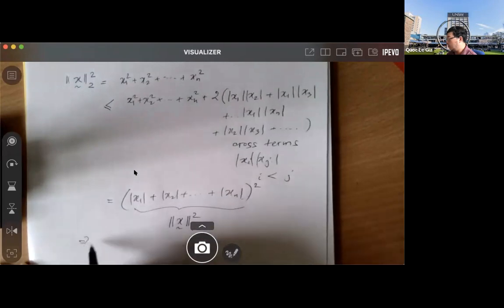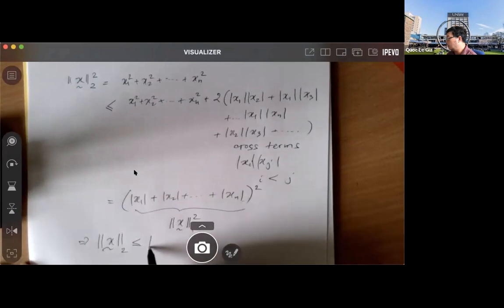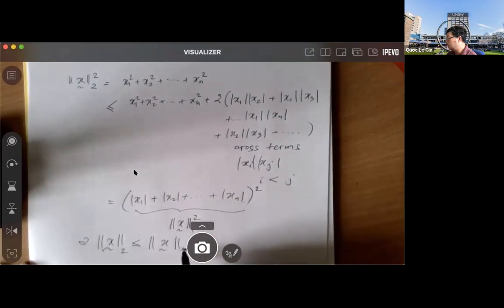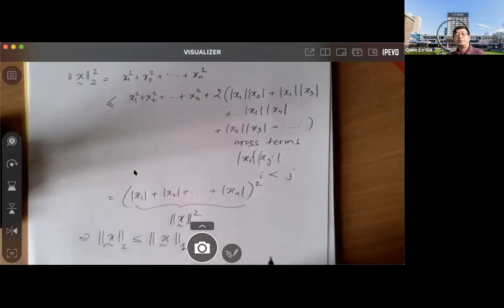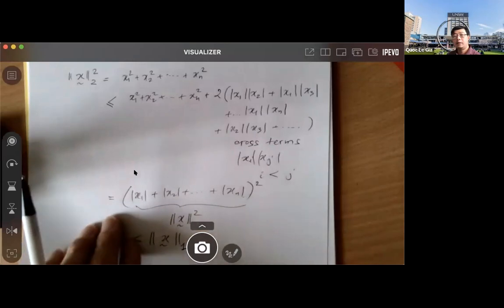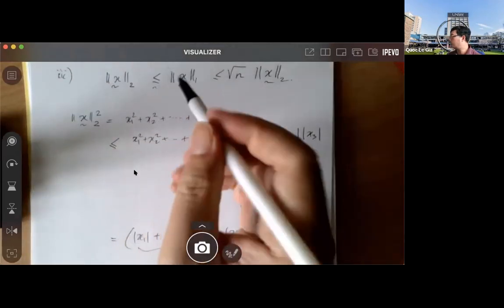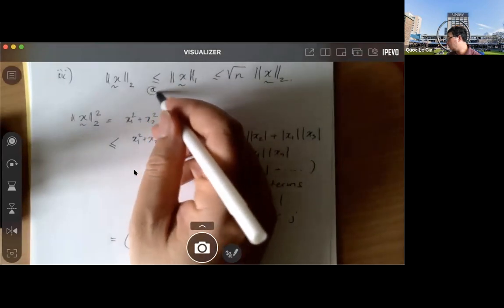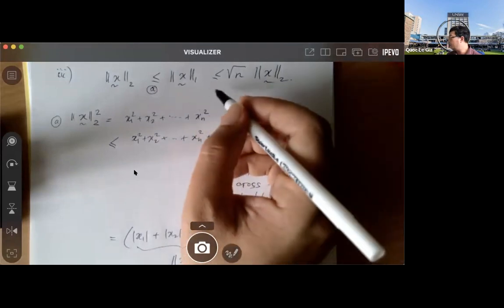Therefore, the two norm of the vector x is less than or equal to the one norm. So this is always true for any vector x. Okay. And now I have just proved only one inequality. Maybe we call it A. Yeah, so A is right here. But we need to prove B as well.